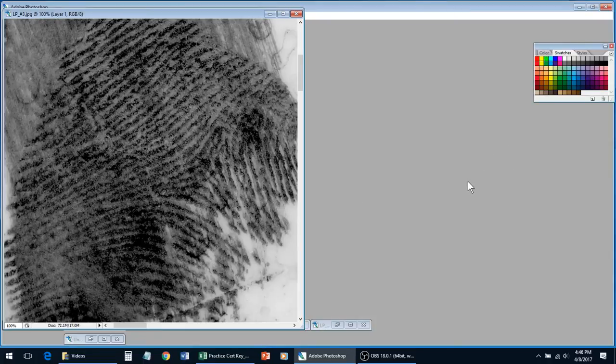The first step, as always, is to analyze the unknown print, or the latent print, or the mark. So I'm going to start here near the delta. You can see this Y shape in this area. Over on this side, it looks to be kind of a core.